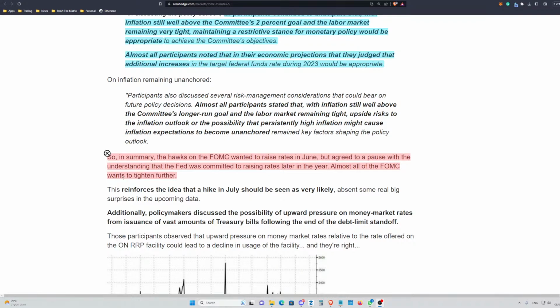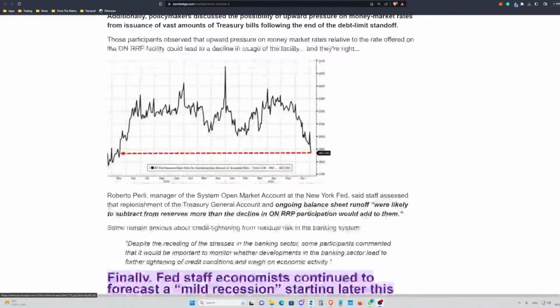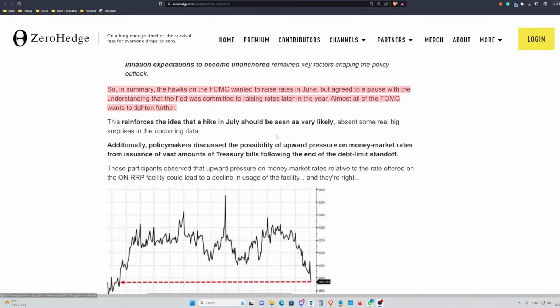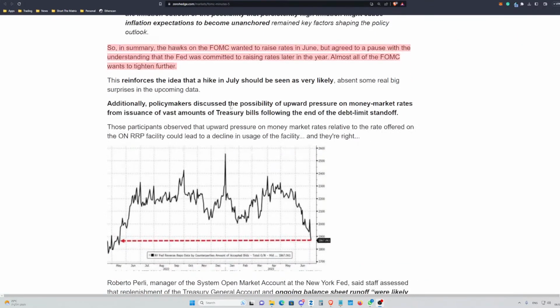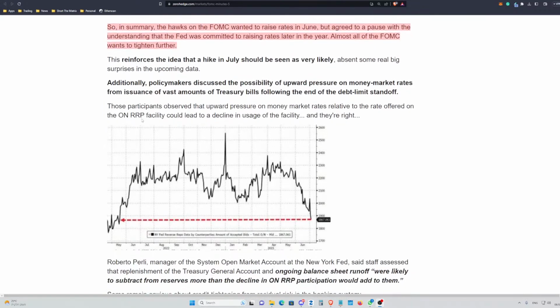Most of them wanted to do it yesterday in June, but they also agreed to pause, understanding that the Fed and they will actually raise rates again during this year. So meaning the Fed is hawkish till the end of 2023, of course.